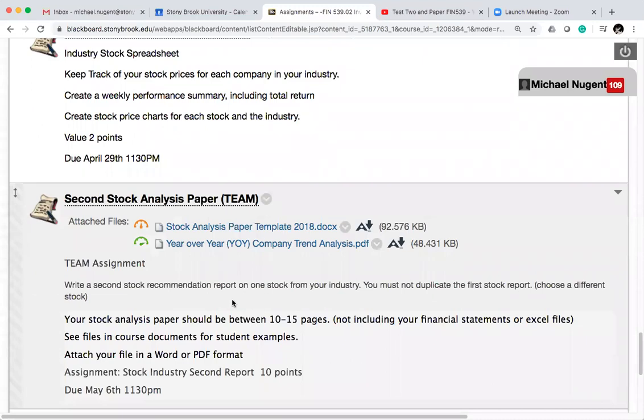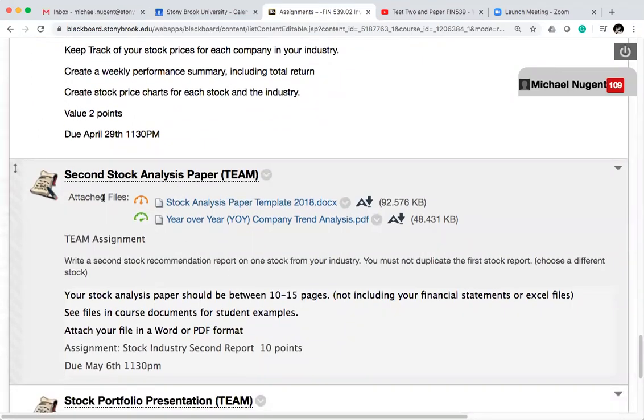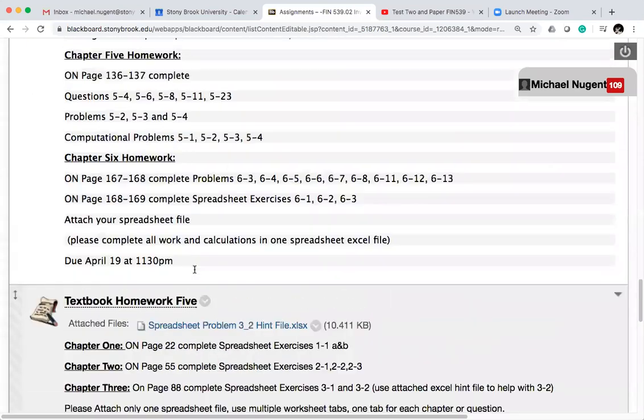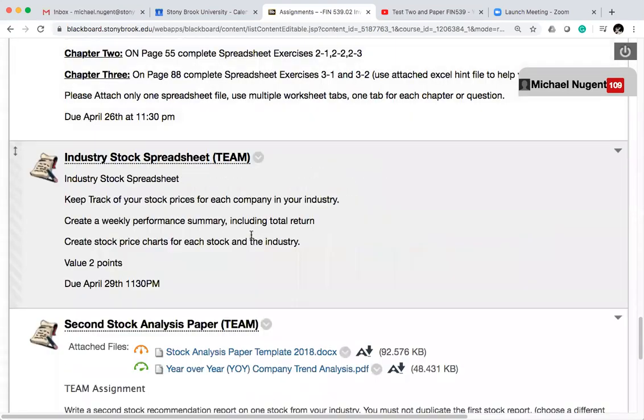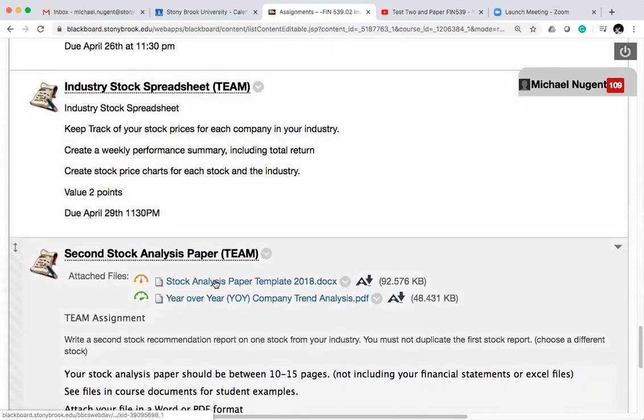And then before you finish the stock analysis, the second stock analysis team paper, I will have received your first stock analysis team paper, which I would have graded, and then I would have included a lot of feedback on the things you did poorly. I'll give you feedback on how to improve upon, and things that you did well, I'll reinforce. So that way, when you get to the second stock analysis paper, you'll have that down.